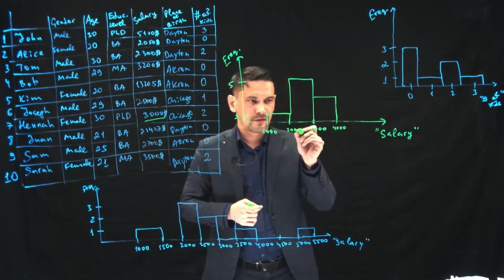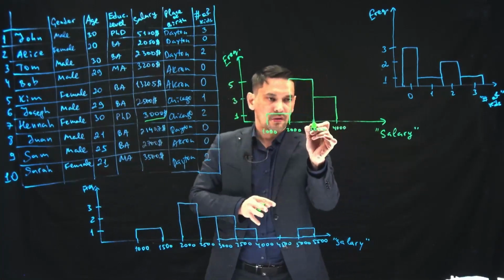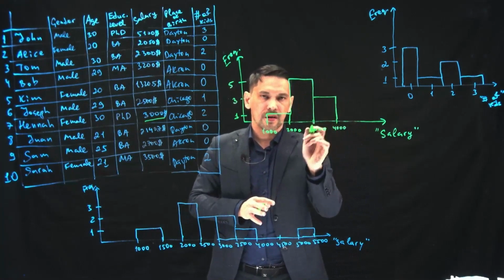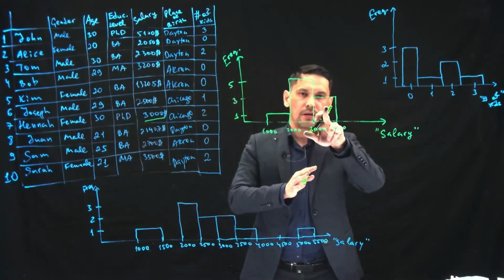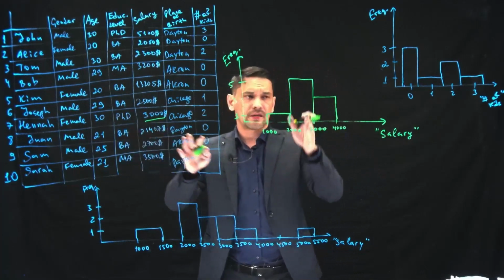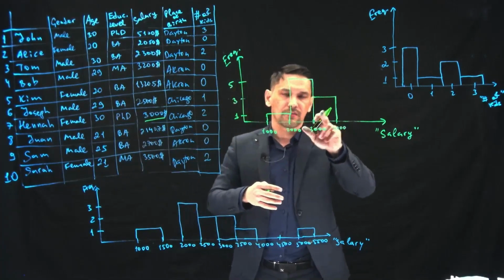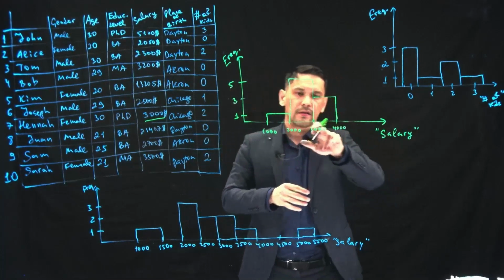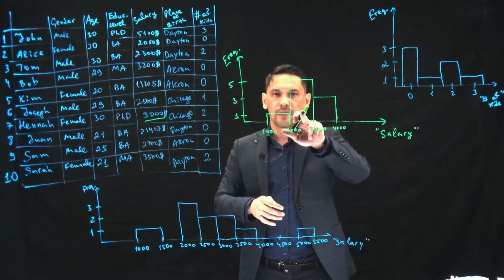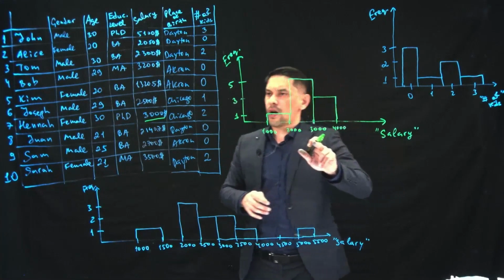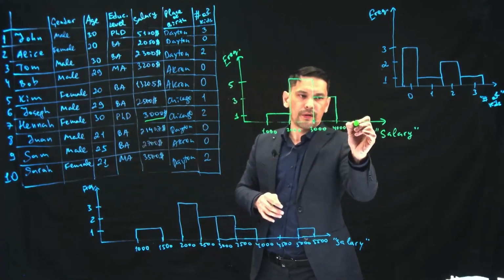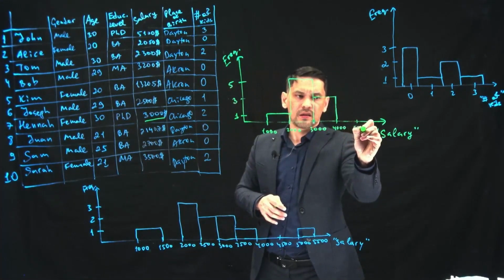Now please remember, if some person is right on the boundary between two intervals, then this person belongs to the next interval. So Hannah is right here on the boundary between two columns. That means she belongs to the next column. She belongs to the column to the right from 3,000, okay? She's here, not here.